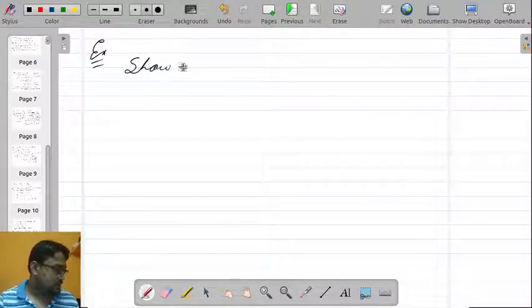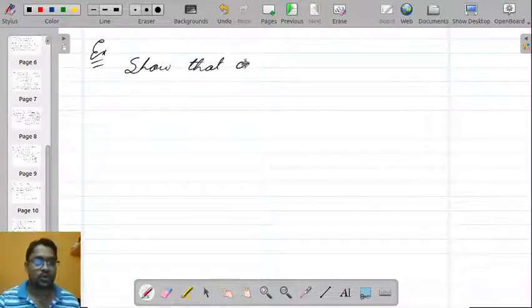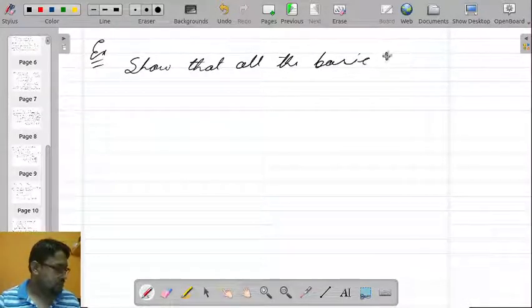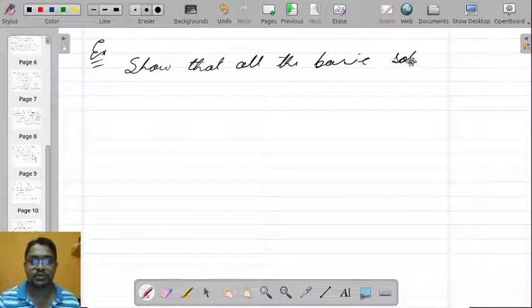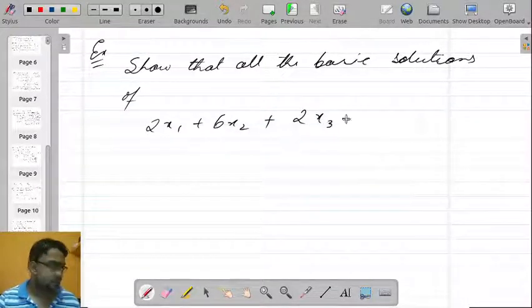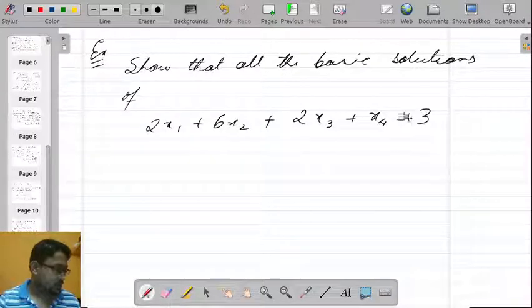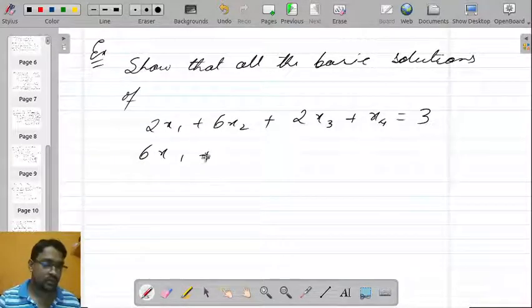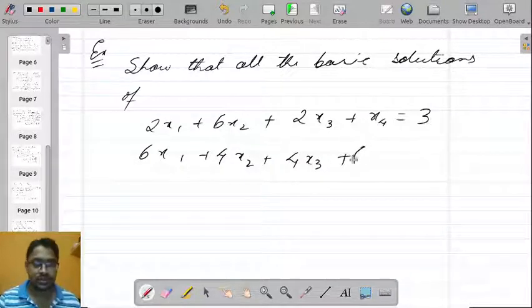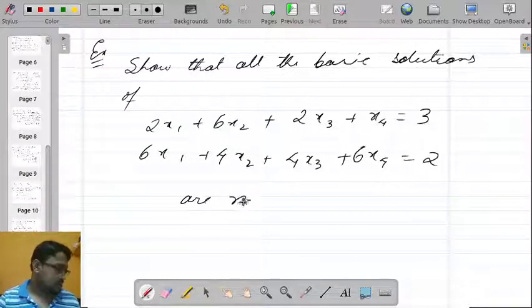Show that all the basic solutions of 2x1 plus 6x2 plus 2x3 plus x4 equal to 3, 6x1 plus 4x2 plus 4x3 plus 6x4 equal to 2 are degenerate.